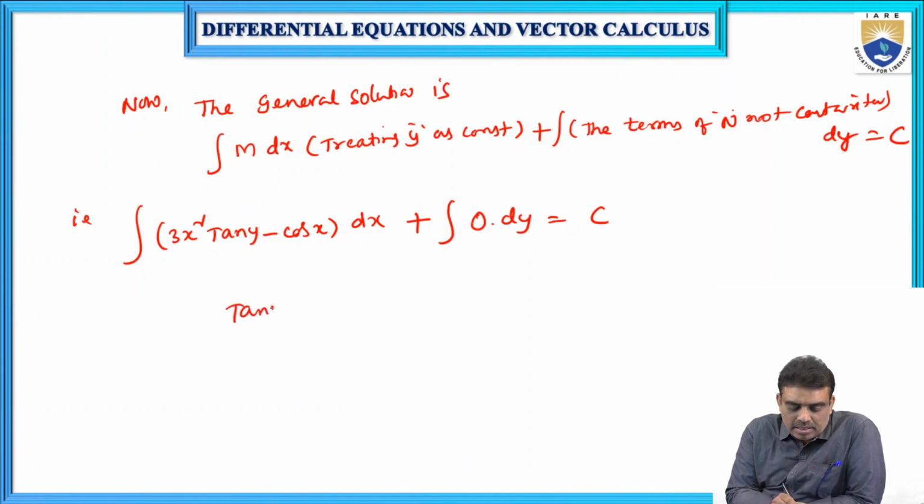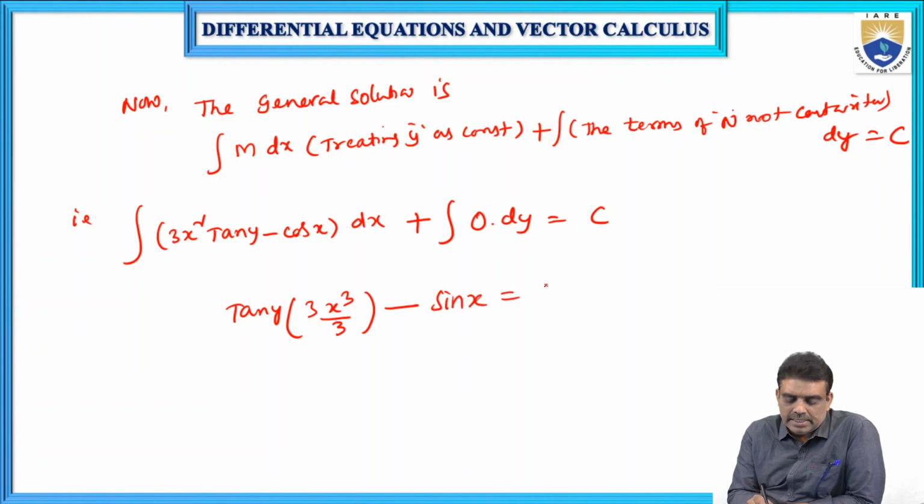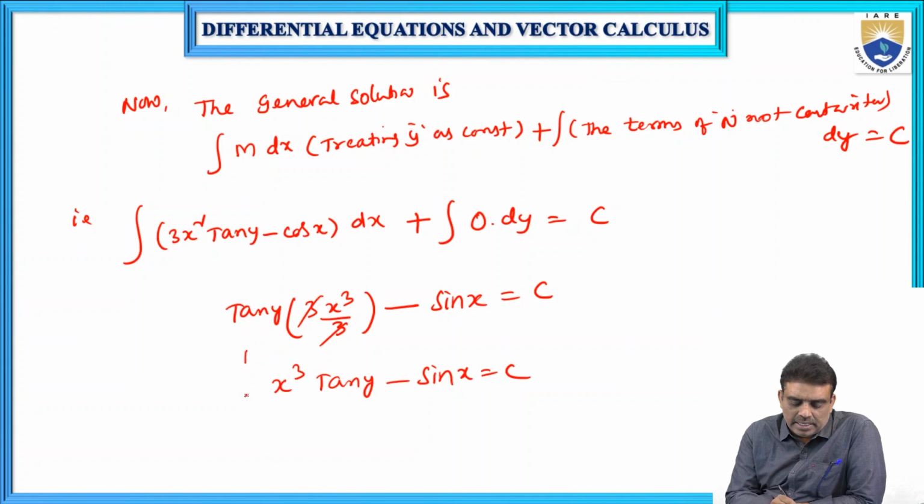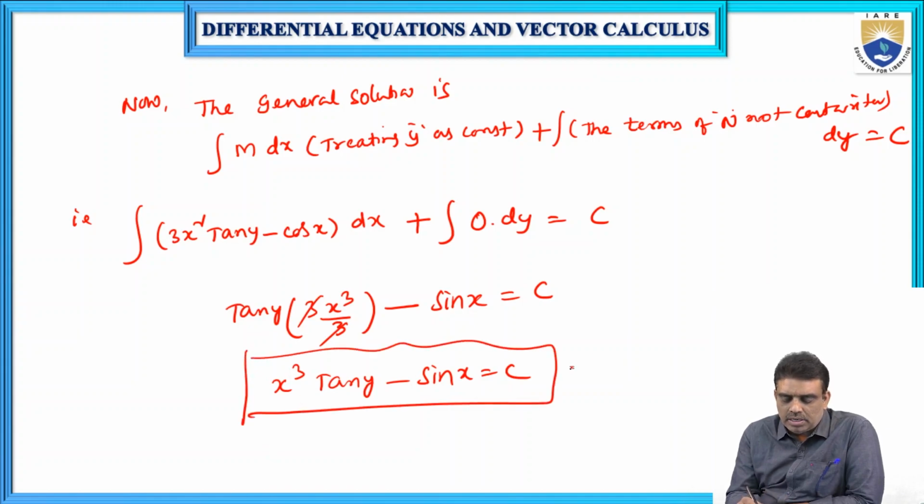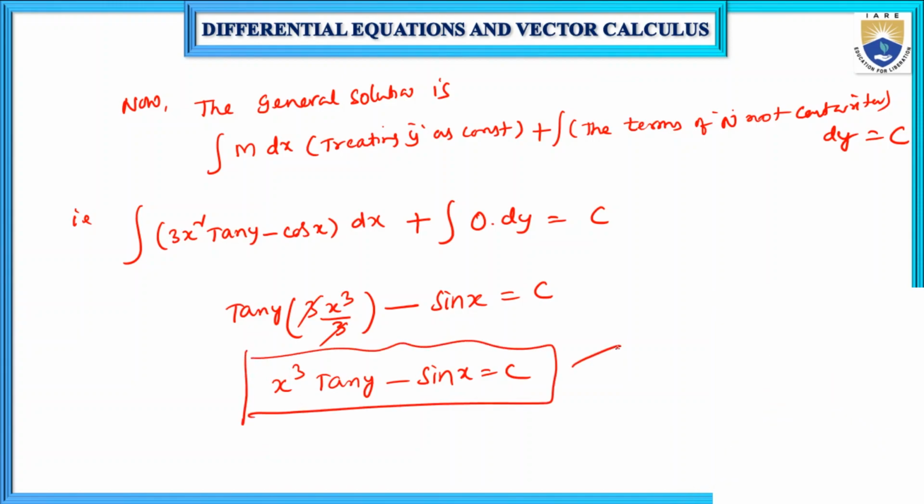Tan y is a constant term, the integral of 3x square is 3x cube by 3, and the integral of minus cos x dx is minus sin x, equal to c. The 3 also cancels. The answer is x cube tan y minus sin x is equal to c, which is the required solution of the given equation. So here we have seen the exact equation method.